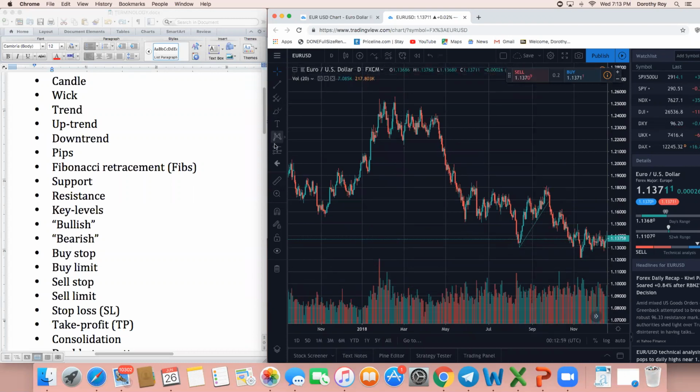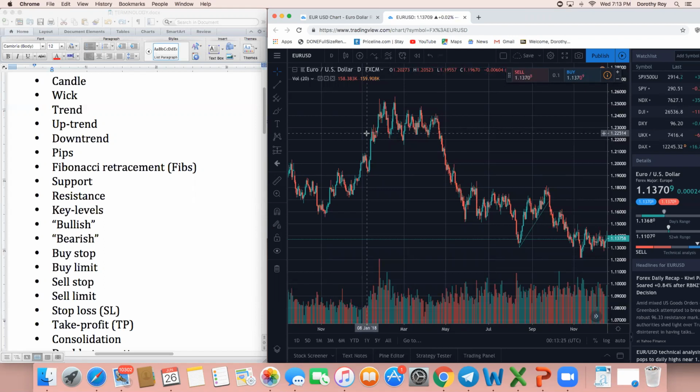Fibs basically work off of the golden rule. I believe it's 0.6, which the human eye tends to gravitate towards. You can see that ratio, the golden rule, in shells, in somebody's ear, or in the structure of somebody's face.